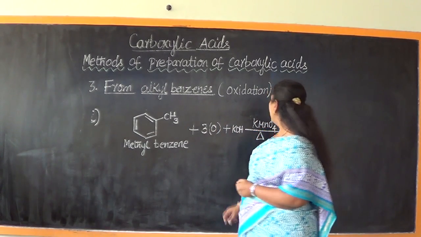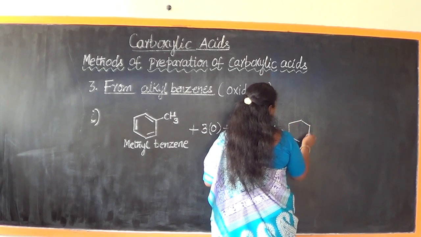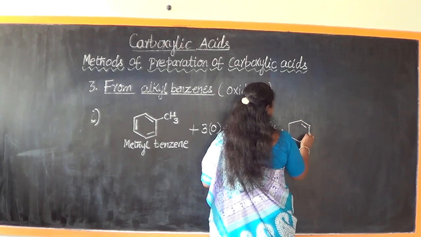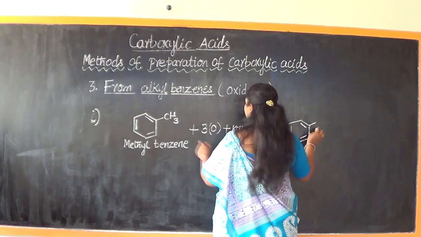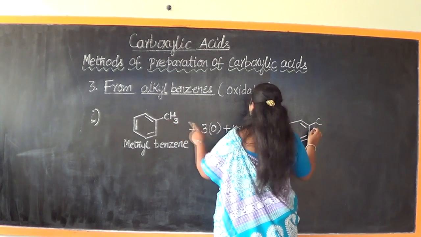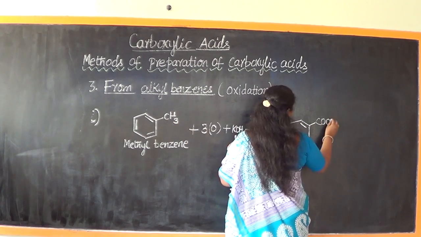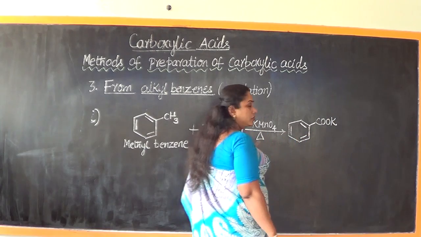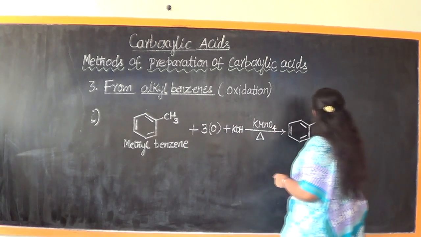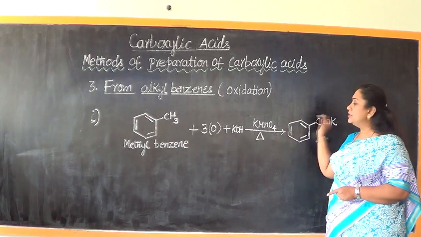Then what are we left with? Let us write the equation. Benzene ring remaining as it is. Now what happens to this C? There are 2 oxygen attached from here, O, and then the potassium from the solution will take an attachment. So now we have potassium salt of carboxylic acid attached to the benzene ring.